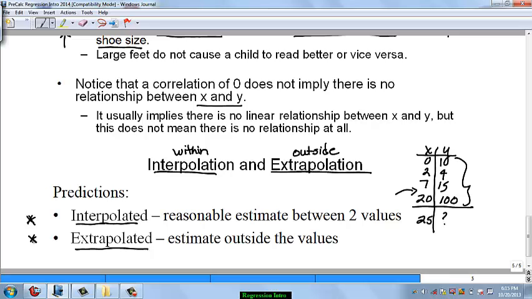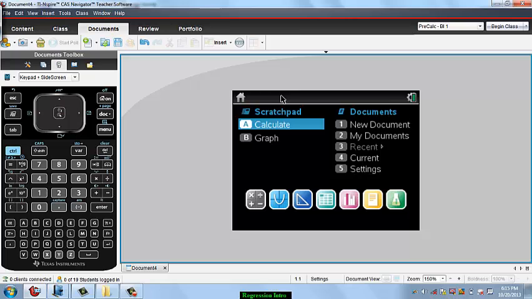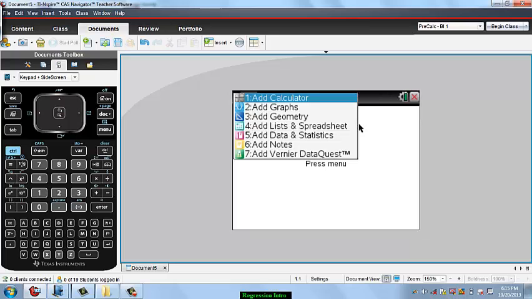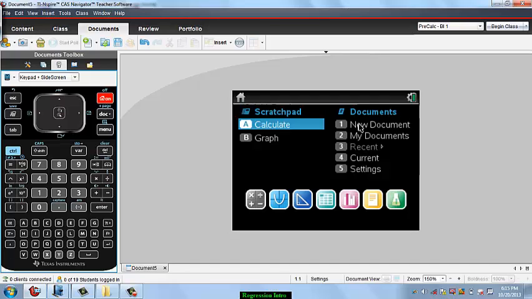Okay, now I'm just going to go through one example to show you how to put your data in. So let's get a calculator up here. And what I would suggest that you do is make sure that you have a new document here, that there's nothing open, because sometimes when you do it twice or use the same variables, it gives wrong information, or it'll tell you that there's something that's not working right.